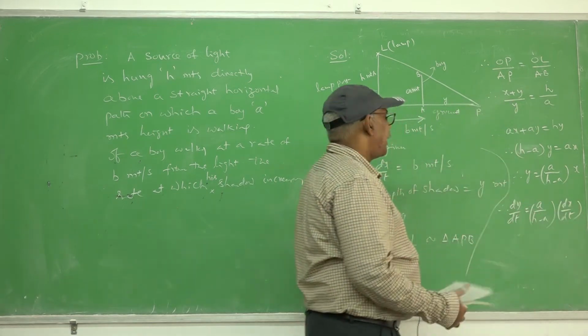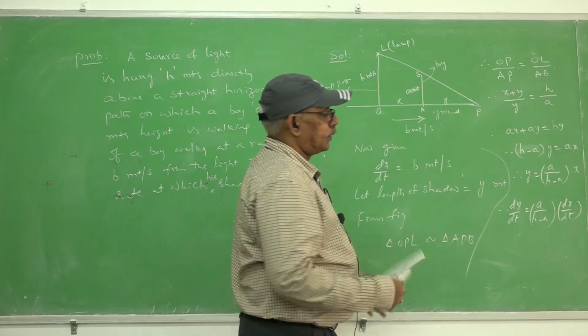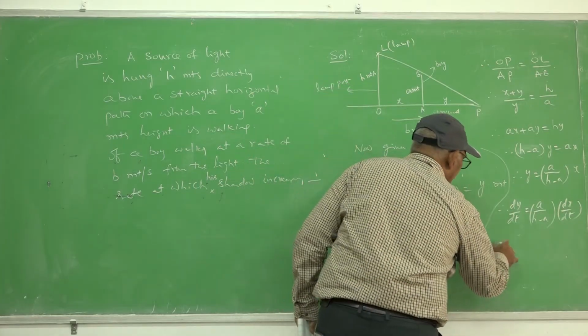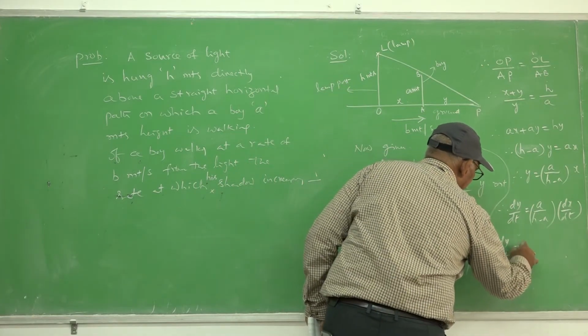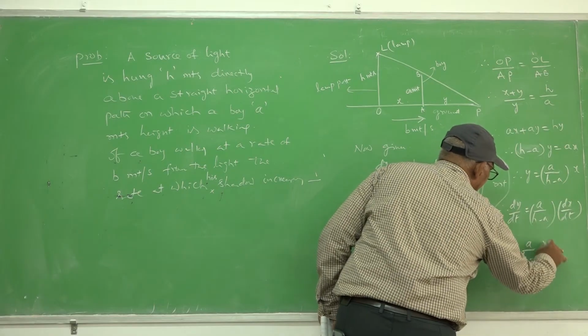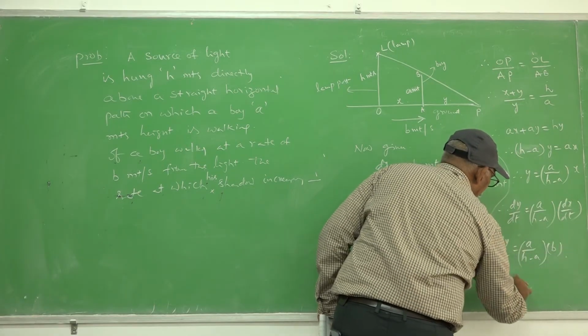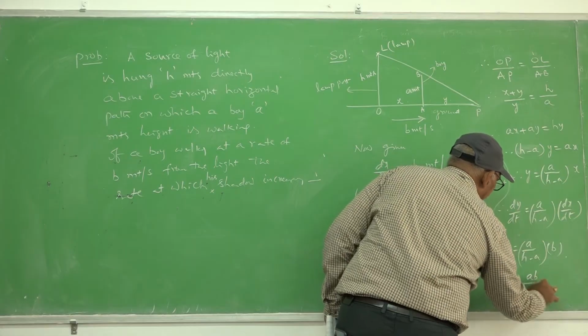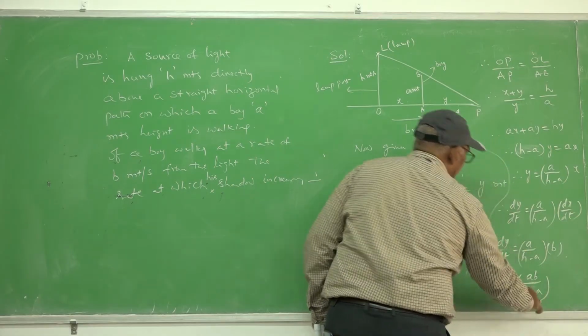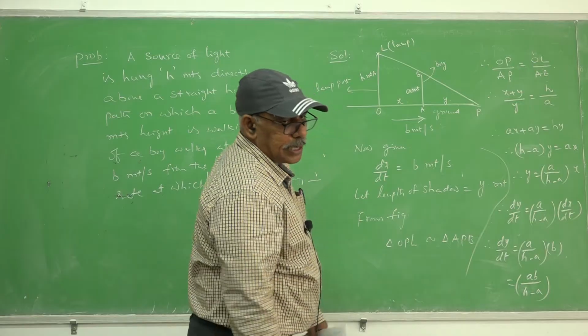But dx by dt is given as b. So dy by dt equals a by (H minus a) into b, which is nothing but ab by (H minus a). This is the rate of change in the shadow.